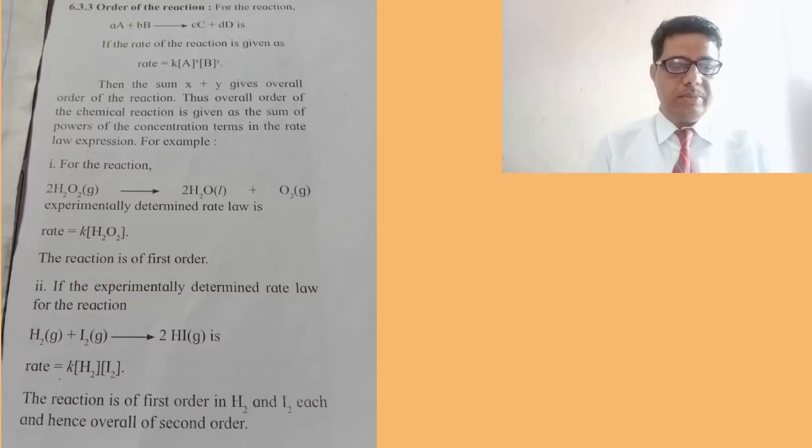We see two examples. First, consider the reaction: 2H2O2 in gas form, on decomposition, gives 2H2O liquid plus O2 gas. Here the experimentally determined rate law is rate equals k, the rate constant, into the concentration of H2O2.